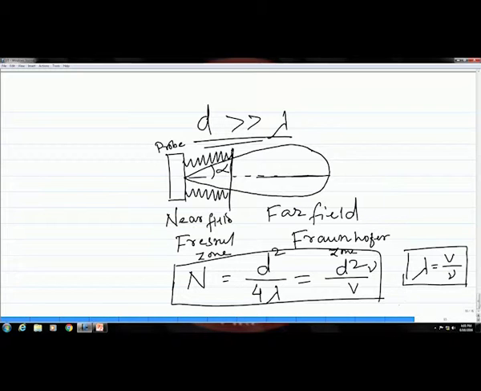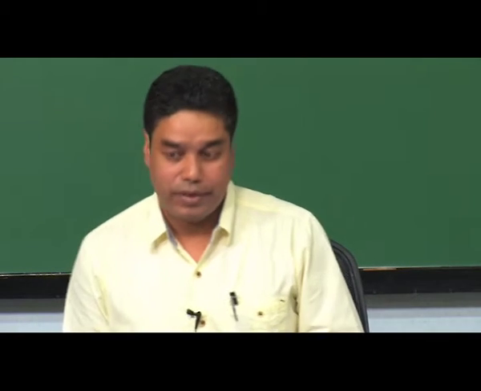Okay. And the far field is characterized by this divergence angle alpha. So, this alpha depends on again the same two parameters, but this time in a different way. In this case it is directly proportional to the wavelength, unlike the near field, which was inversely proportional.